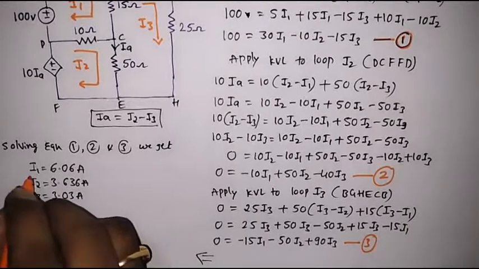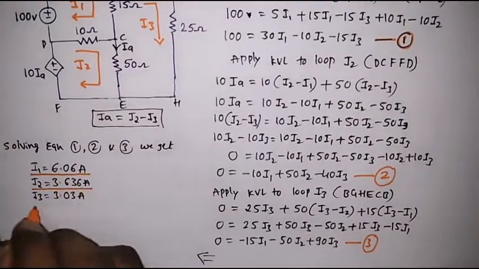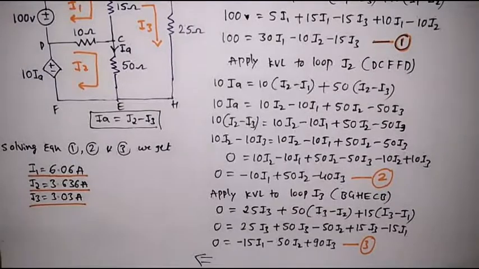So these are the loop currents, that is I1, I2 and I3.